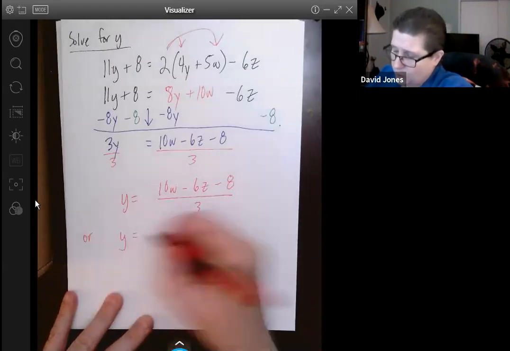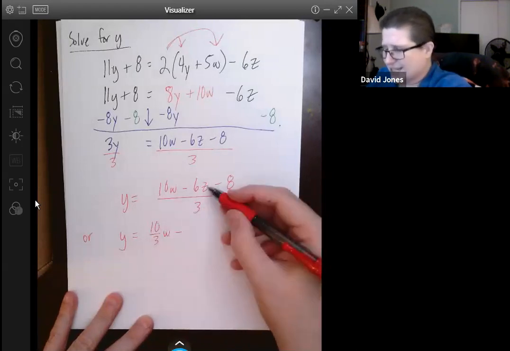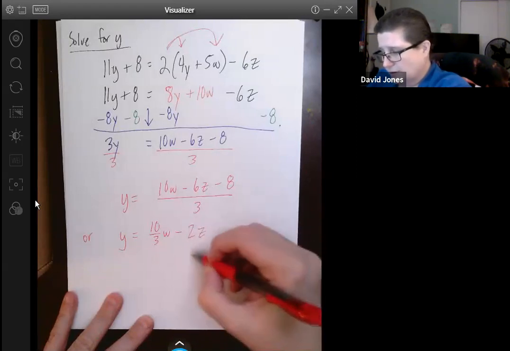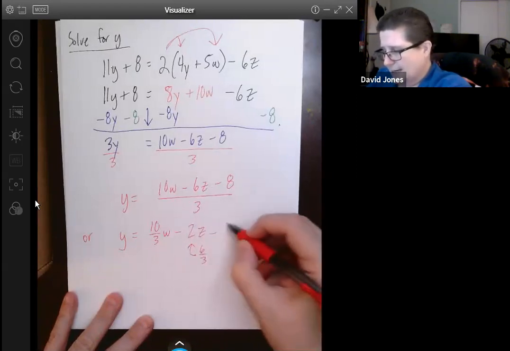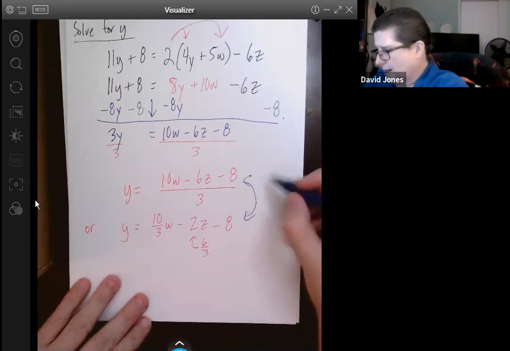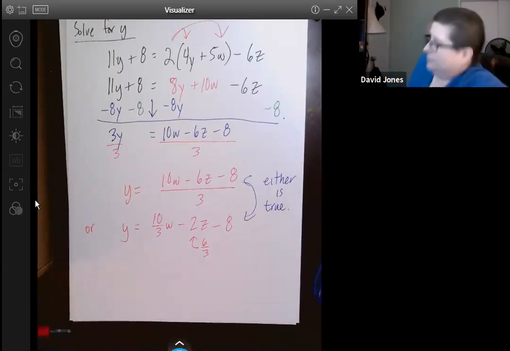Or y equals 10/3 w minus 6/3 z, which is 2z, minus 8/3. Either works. Either is true. What they ask for in math lab, they'll hopefully tell you.